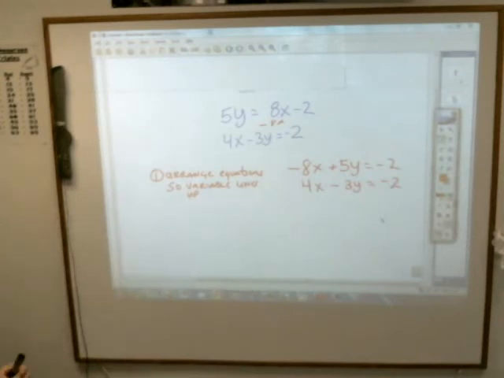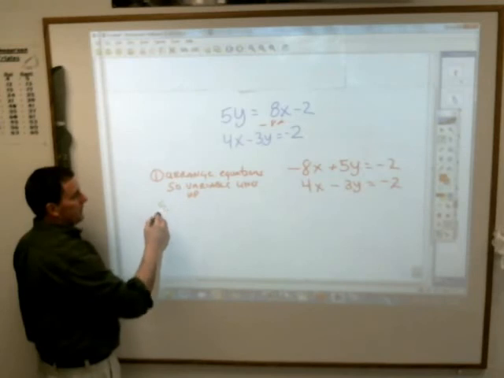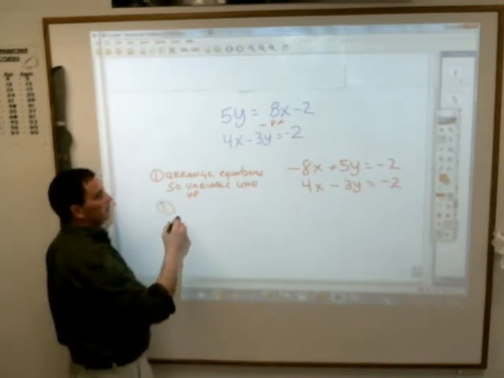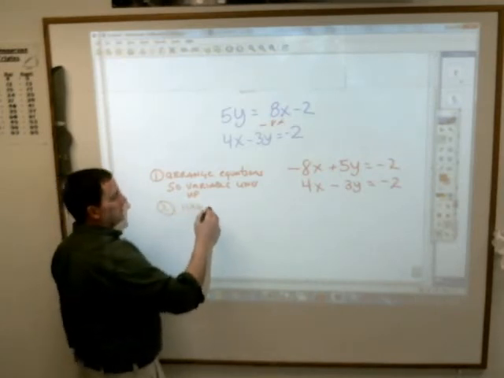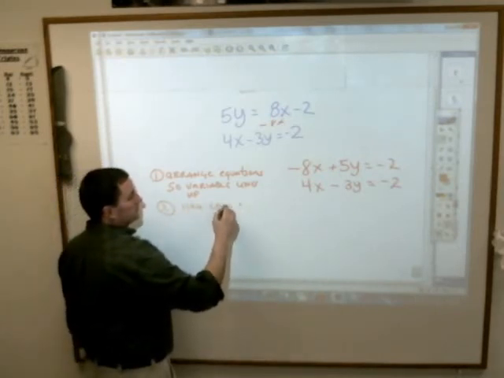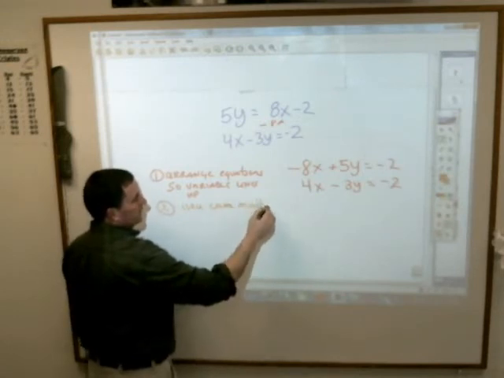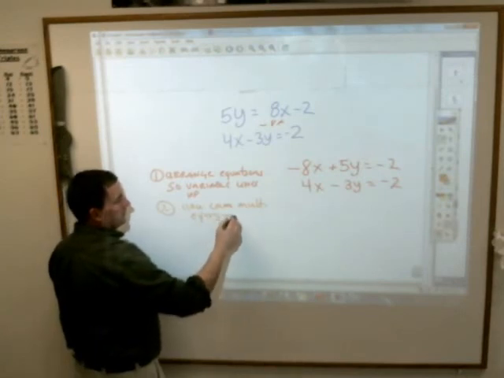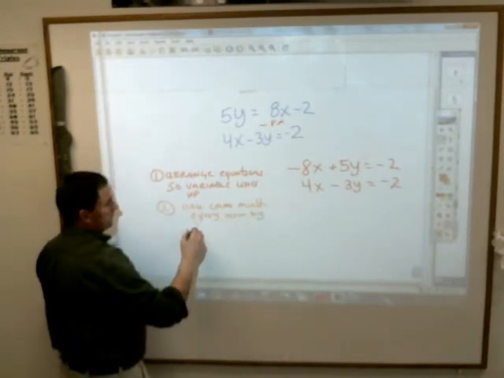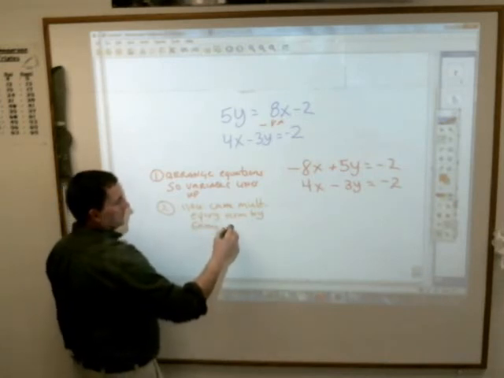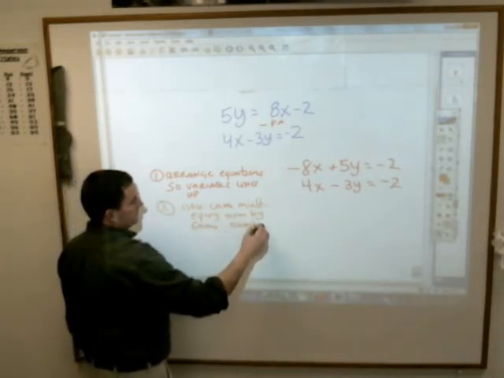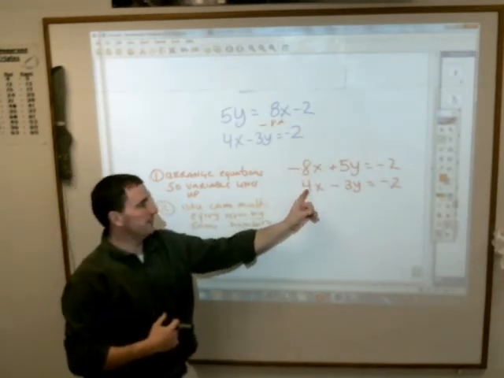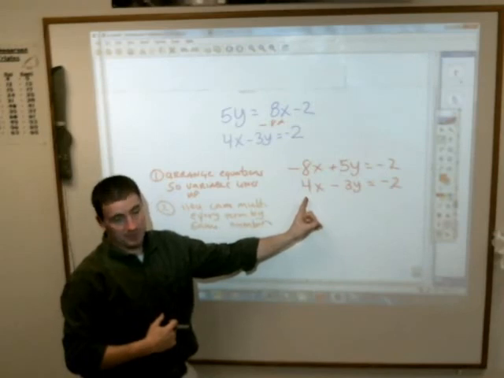If you remember back, even last year, one of the things that you might need to do is remember the rule that says you can multiply every term of an equation by the same thing. In order for these x's to drop out, if this is a negative 8x, what would this have to be for it to drop out?